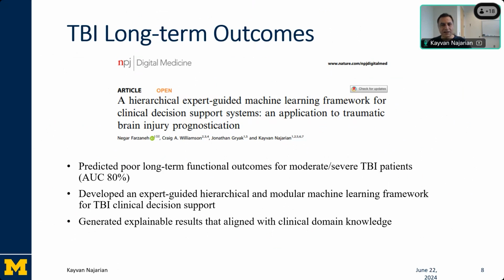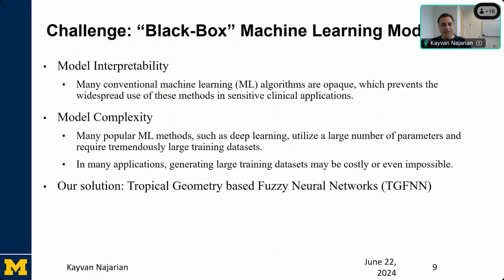Because of that, we went to address this challenge of black box machine learning algorithms that don't have any interpretability. You have to trust them for what they say and not know why they're making a prediction. We have encountered this problem multiple times in the past, dealing with different clinical applications. Like I said, we have a lot of work focused on different things in cardiology, like heart failure.